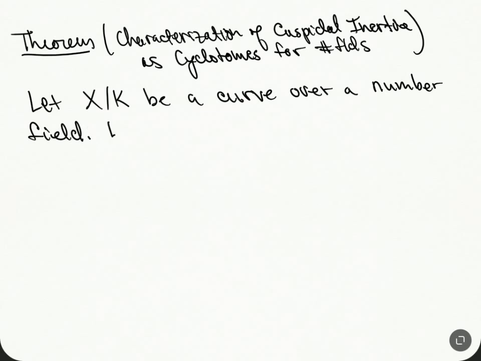We'll let I be a subgroup of the geometric fundamental group of X. This is pi 1 of X_K bar with some base point here. So this is the geometric fundamental group.